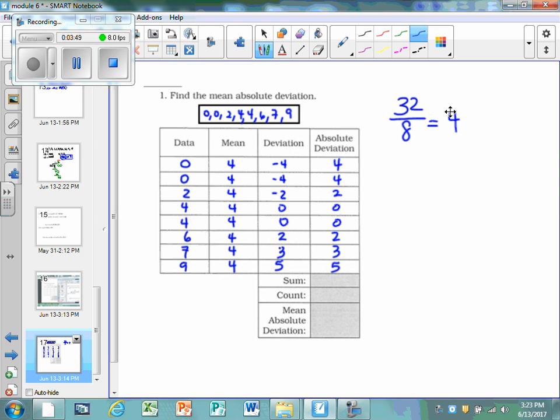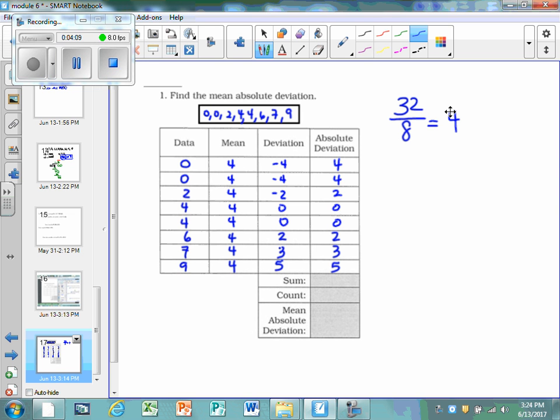So when we're finding the mean absolute deviation, what we're really doing is finding the mean of the absolute deviation. So that means we're doing the mean again, we're adding again, and we're dividing again.